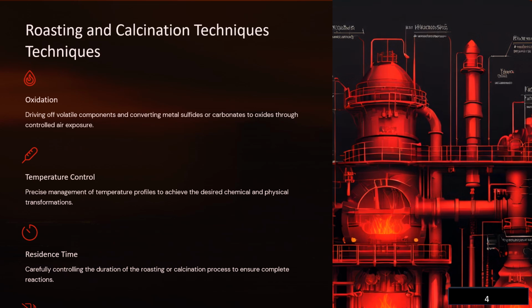For example, roasting of coffee. If we are not able to control the temperature very well, it's either we burn the coffee, or the coffee becomes underdeveloped. So the temperature control really matters in the roasting process.